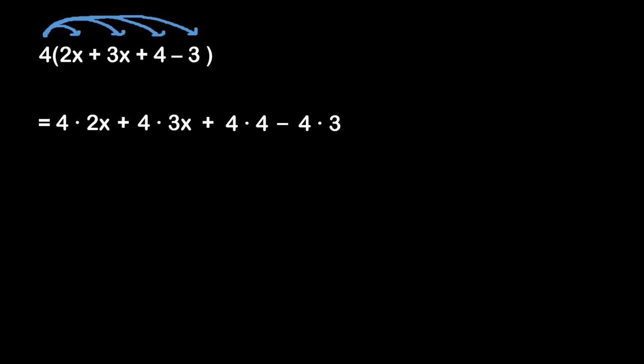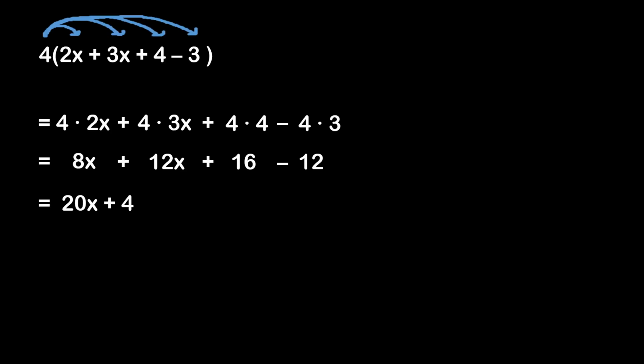And then from there you just simplify each of the terms. So 4 times 2x is 8x, 4 times 3x is 12x, 4 times 4 is 16, and 4 times 3 is 12, so we'll have subtract 12. Okay, and then we know that 8x plus 12x, that's collecting like terms, so 8x plus 12x is 20x, and 16 minus 12 is 4.